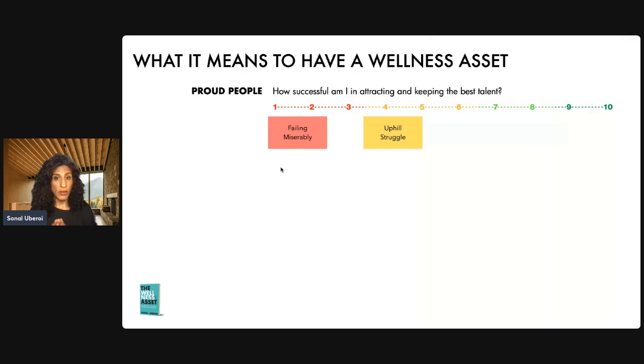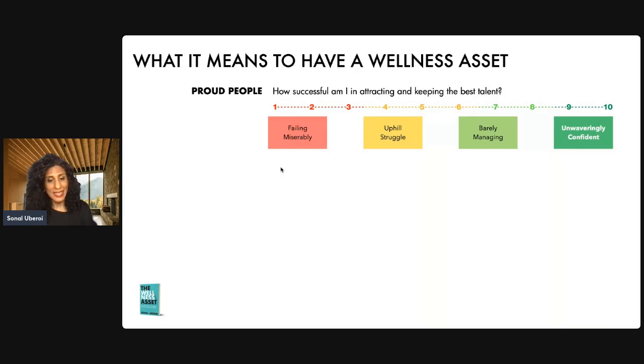Those in risk report an uphill struggle, while those in opportunity say that they're barely managing, while those who have an asset have unwavering confidence in the ability to attract and keep the best talent.